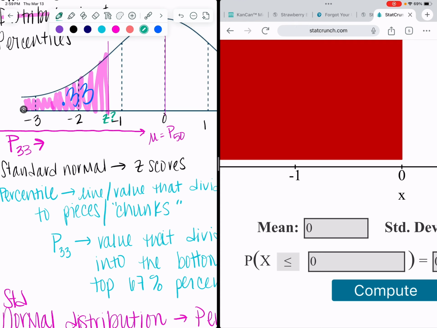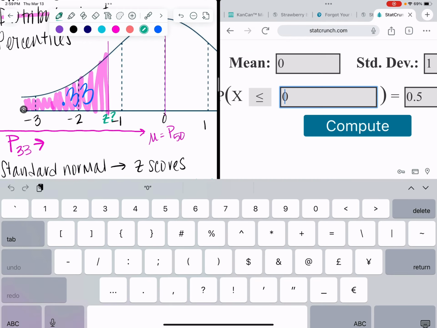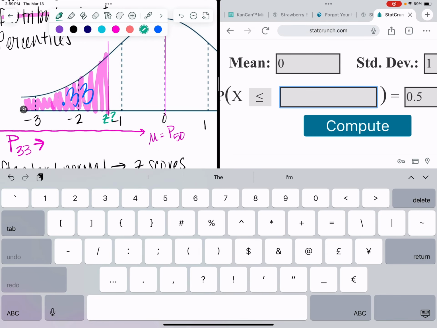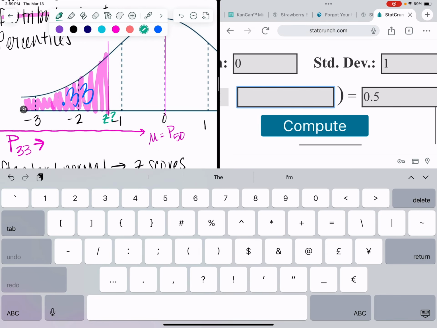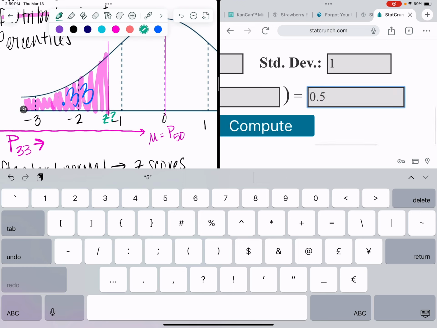We just have to pretend it says z. And we shaded to the left of our mystery z-score. So I'm going to leave my less than or equal to. I don't know what that z-score is, so I'm going to leave that blank. And I am going to change the area or the probability to 0.33.